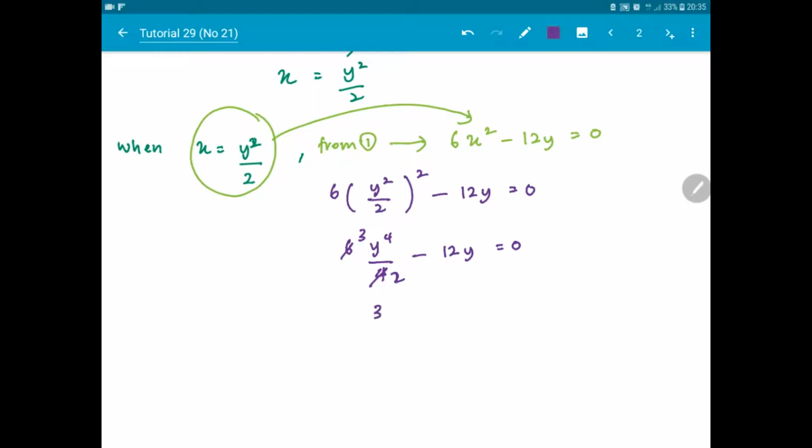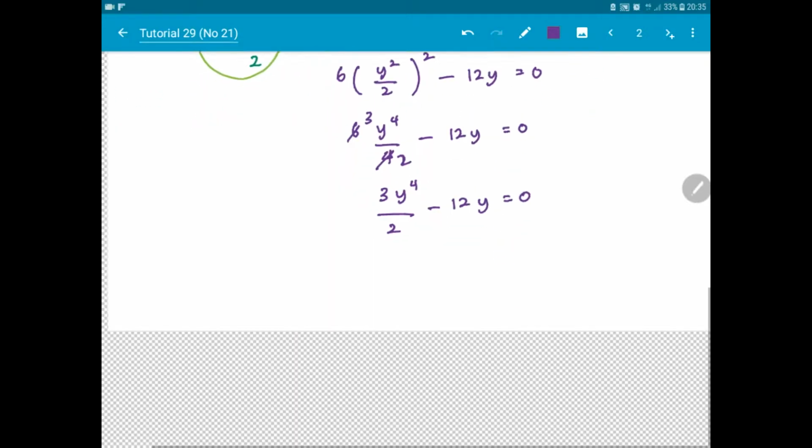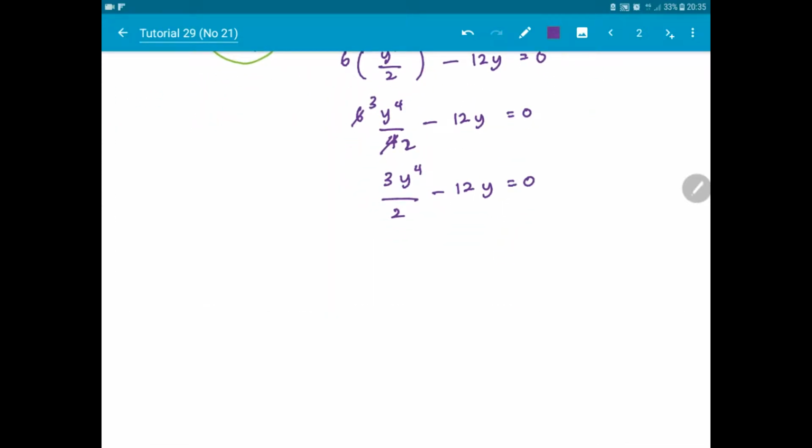So we will get 3y to the 4 over 2 minus 12y equals 0. And then y times (3 over 2 y cubed minus 12) equals 0. So first, we know that y equals 0, and for the other one, 3 over 2 y cubed minus 12 equals 0.